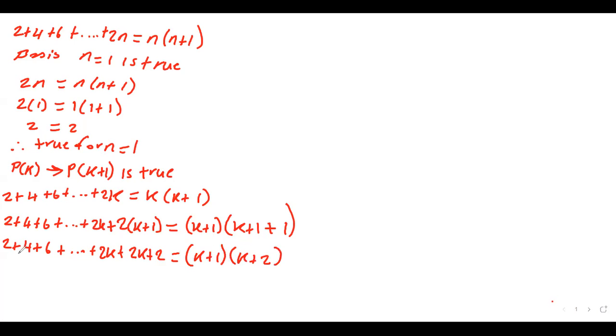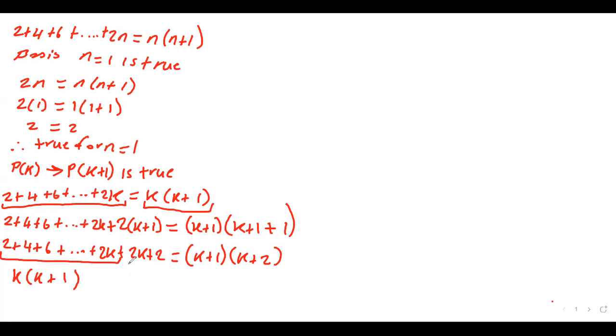All right, so what we're going to do at this point, we are going to replace what is here with what we had up here. If you notice, this is the same thing here. And this is saying that this is equal to this. So you're going to take this and replace this here, as both of them are the same. So it's going to be k into k plus 1.